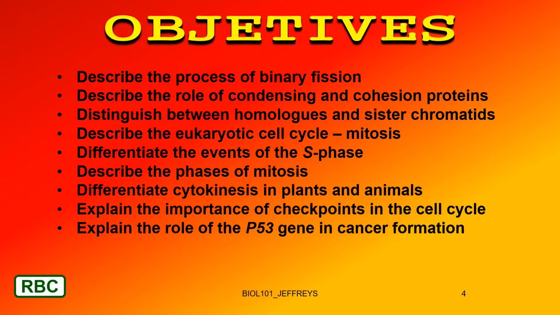We call that cycle mitosis. Differentiate the events of the S phase. S stands for synthesis. Describe the phases of mitosis. Differentiate cytokinesis in plants and animals, a little bit different. Explain the importance of checkpoints in the cell cycle and explain the role of p53 in cancer formation. Okay.